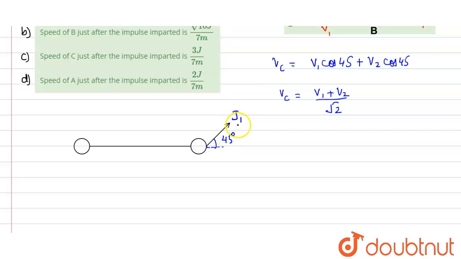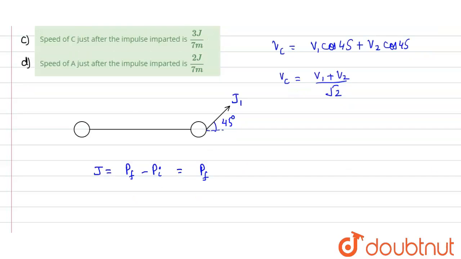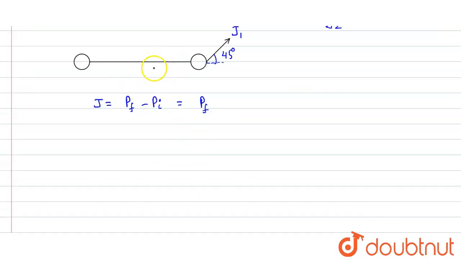Now what is impulse? Impulse means change in momentum. Linear impulse means final momentum minus initial momentum. Initially the system would be at rest, so the impulse would be equal to the final momentum. Since A and B would have horizontal and vertical velocity, A has only horizontal velocity, let's say V1, but B has horizontal velocity V1 and vertical velocity V2.